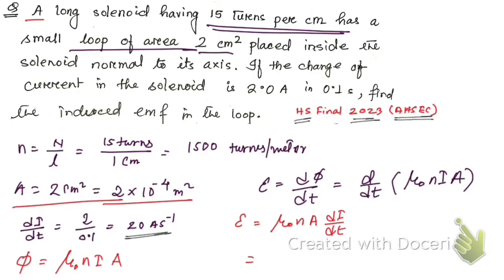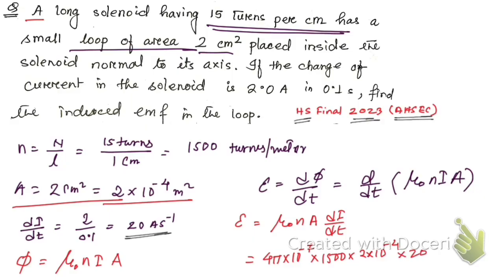Here mu naught is 4 pi into 10 to the power minus 7, small n, the number of turns per meter, is 1500, the area of cross section we have got is 2 into 10 to the power minus 4, and di by dt we have got 20.